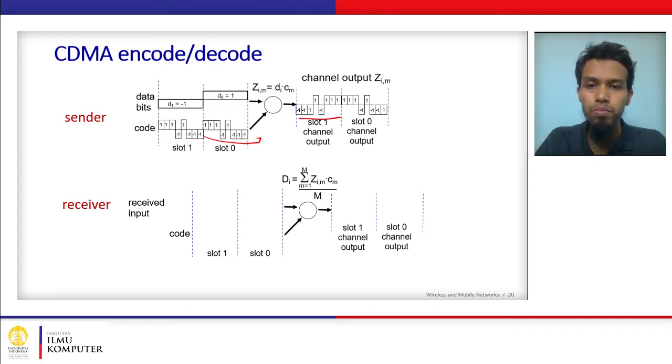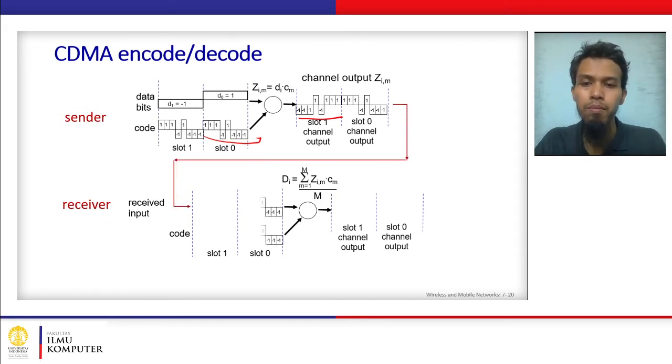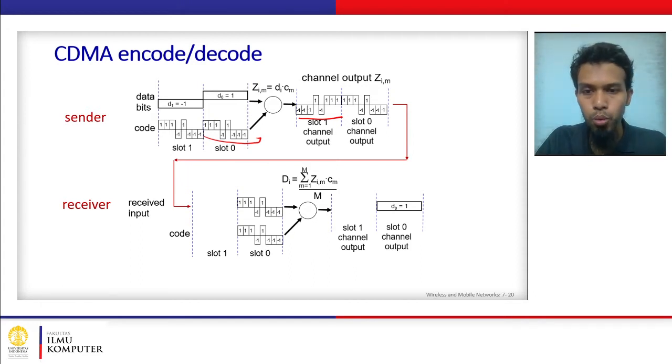Now at the receiver, we recover this by taking the inner product of the received sequence data with the chipping sequence, and then we sum all of them. 1 multiplied by 1 is 1, 1 plus 1 plus 1. Minus 1 times minus 1 is also 1, and so on.